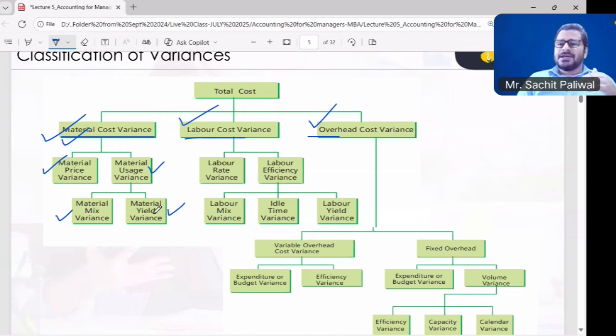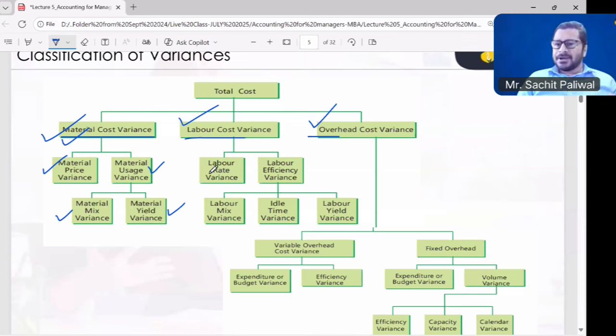Yield variance means the input is less and the output is more than the input. It may happen in certain manufacturing processes where the inputs provide you a yield. Yield means if you are using less quantity and getting higher quantity of output, or vice versa, where you put high quantity of input but get less output. So yield variance could also be a reason for material cost variance.